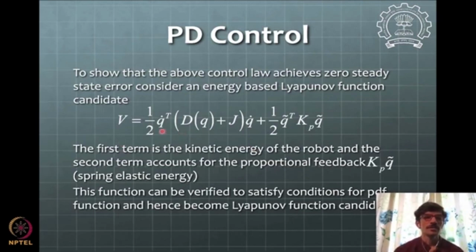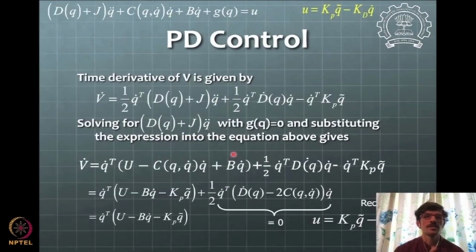It will have the derivative of this times this plus this times the derivative of this. This is the chain rule that we are applying here. What results is q dot transpose D q double dot, plus, first the derivative of this term is taken, and then half q dot transpose D dot q.